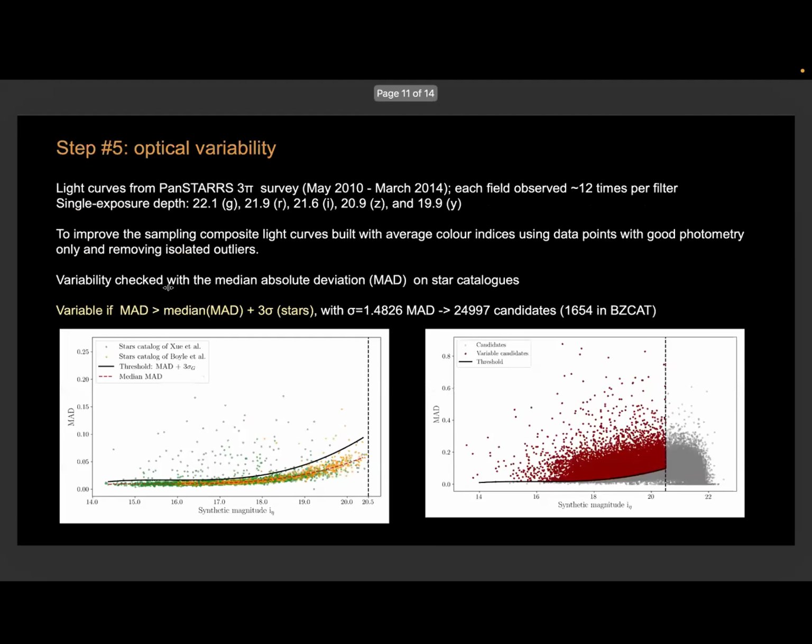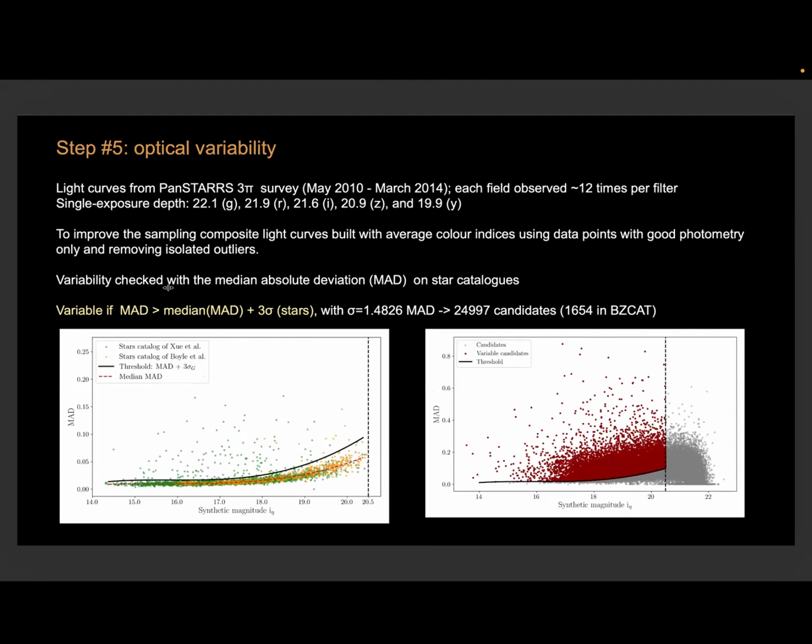So in order to go on, we looked for the optical variability. Pan-STARRS provides light curves in 5 filters, and to increase the sampling, we built composite light curves using average color indices. And then, in order to set a threshold for defining variable objects, we considered the median absolute deviation on 2 different star catalogs.